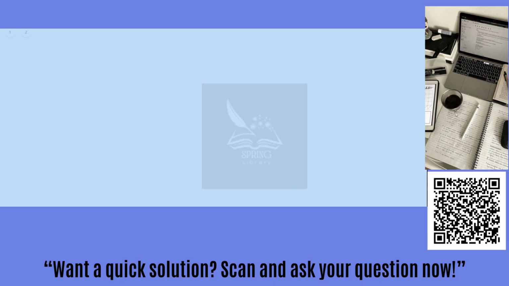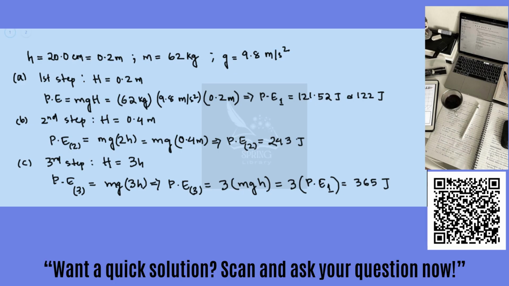So in the fourth part of the question, we have to find the potential energy if the person is standing on the nth step, where n is some number. So as I was explaining before, the potential energy at each step is the step number times the potential energy of the first step.